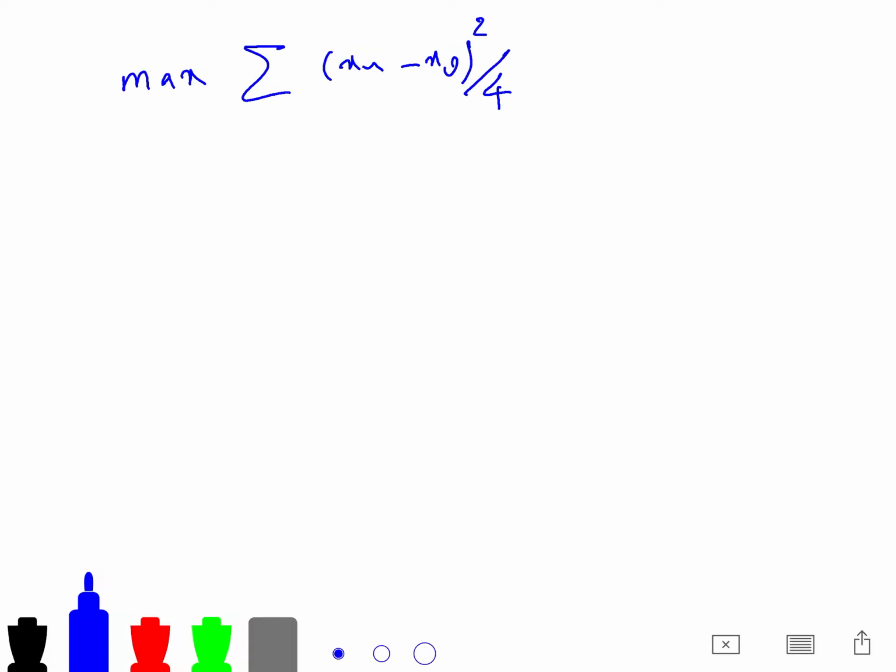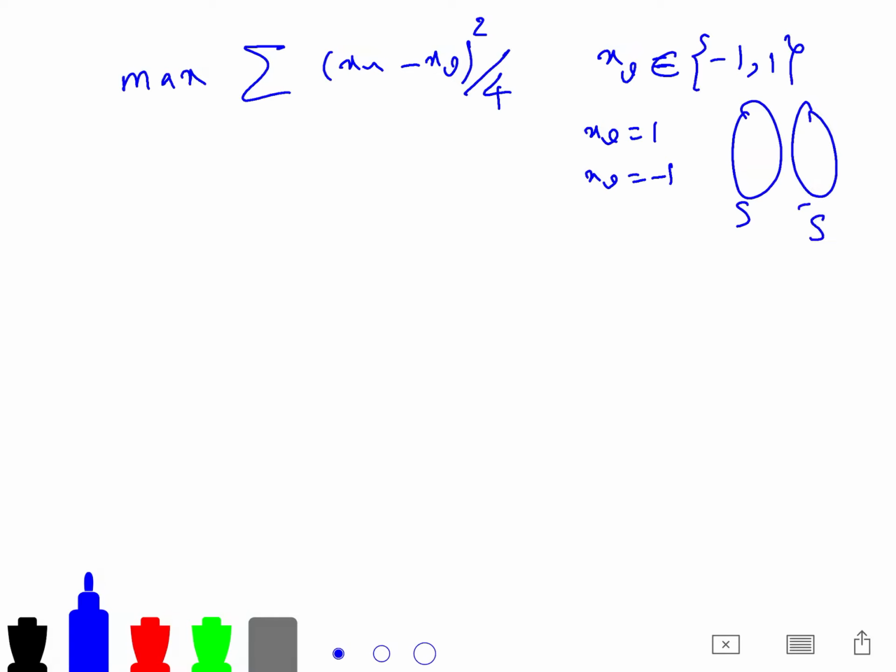You will see why you should use 4. And x of any vertex is either -1 or 1. So x of v could be 1, x of v could be -1. So you always imagine S and S bar.